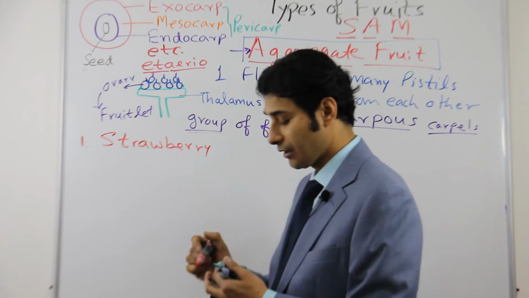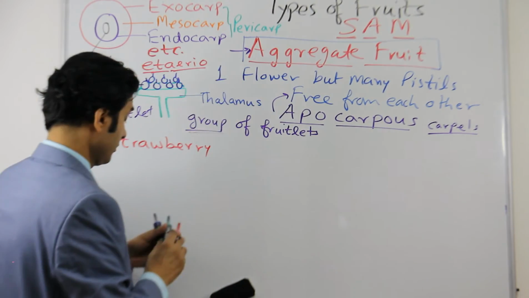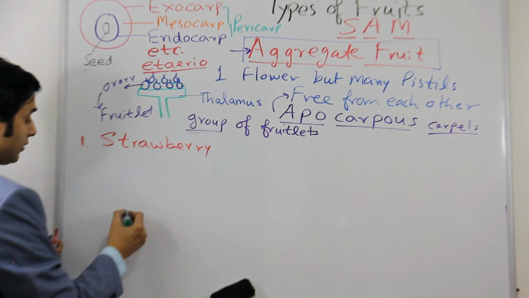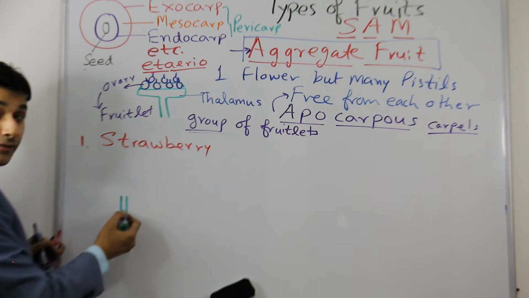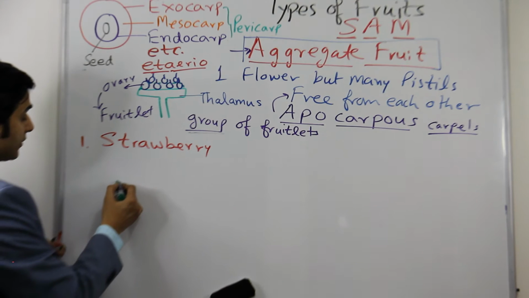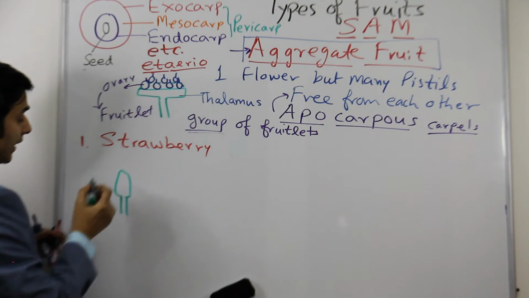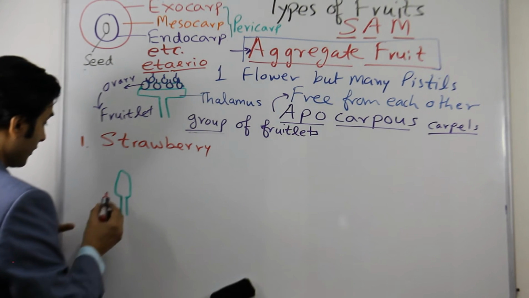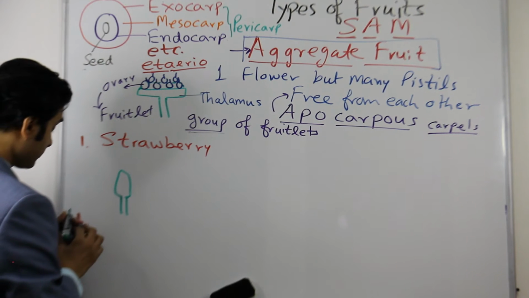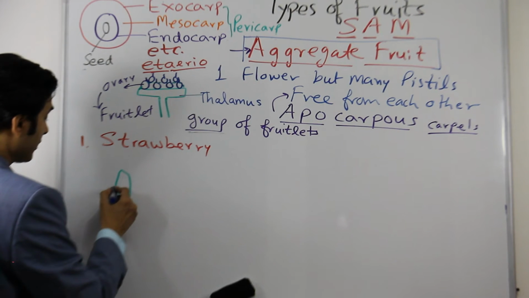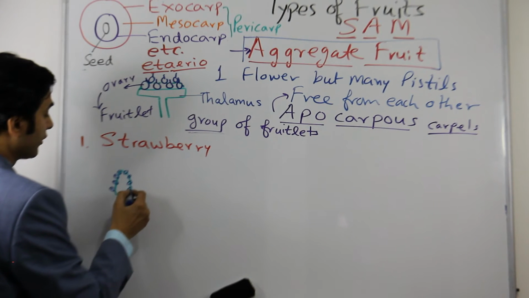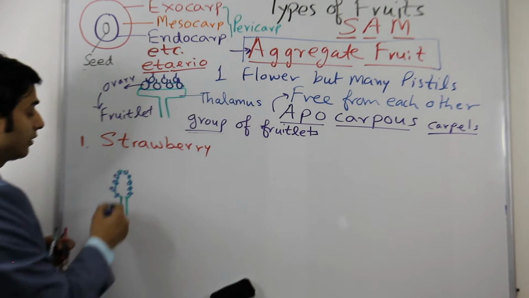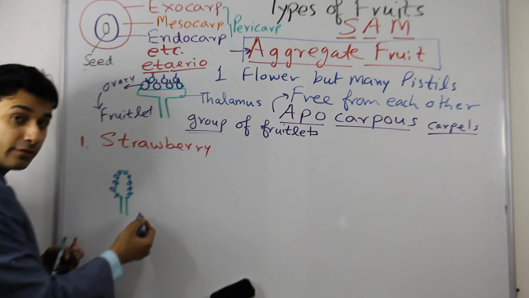Okay, let us see now the strawberry. How does it look? As I said, this is the pedicel, this is the thalamus, and these are the ovaries on the thalamus, free ovaries, like this, multiple ovaries, free.